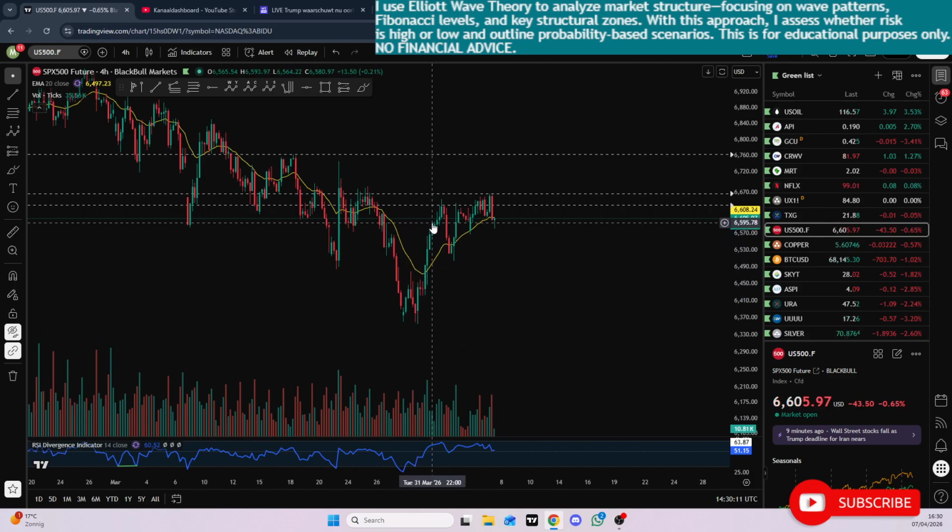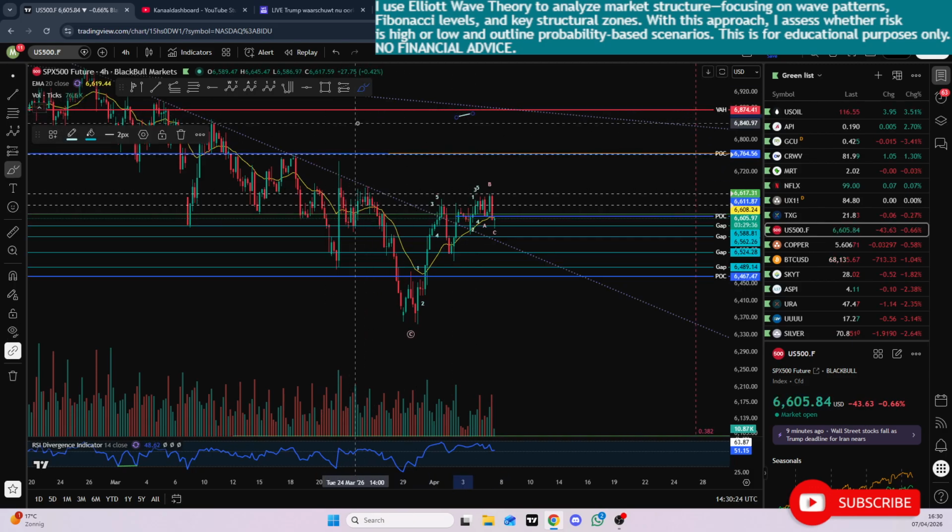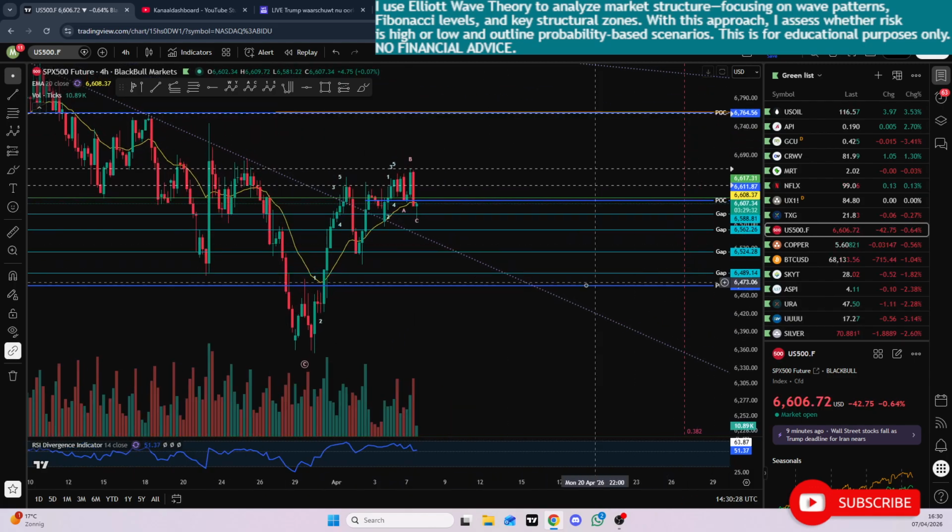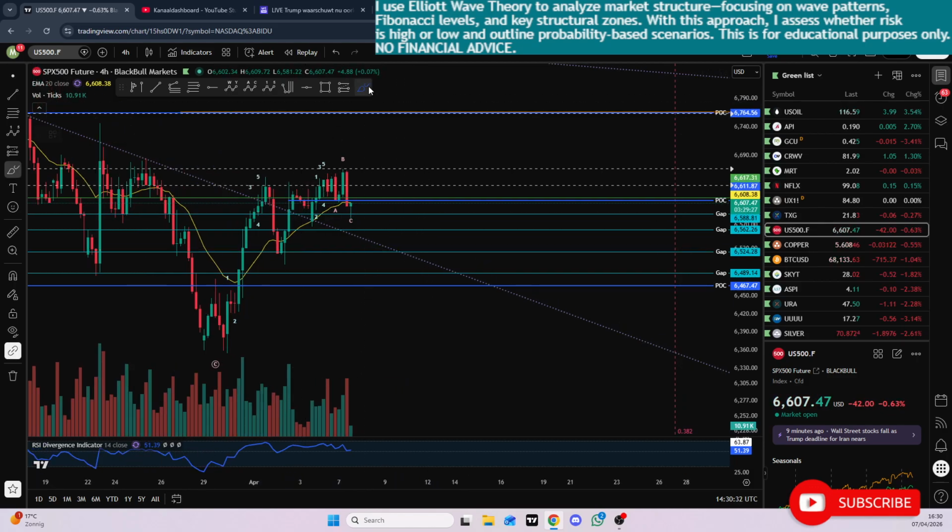1, 2, 3, forcing a wave 4 here and a wave 5 in here, then a 2, and then another 1, 2. I mean, still could be, but let me check what I did here. Yeah, okay, I see what I did.